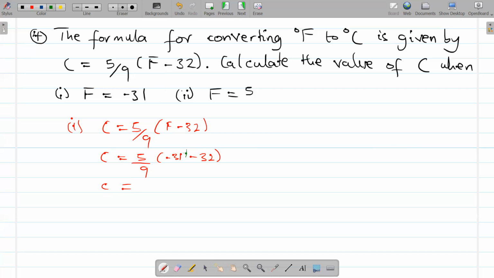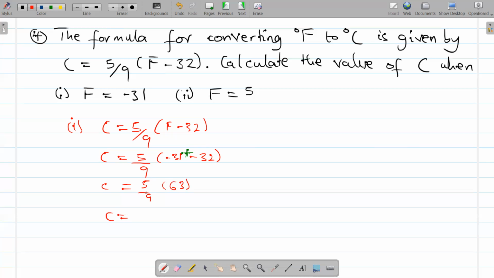There is actually a plus here, but because plus times minus gives you negative, it overpowers the plus here. So minus 31 plus minus 32, that's the meaning, and that's going to give you 63. So you're going to get 5 over 9 multiplied by 63.